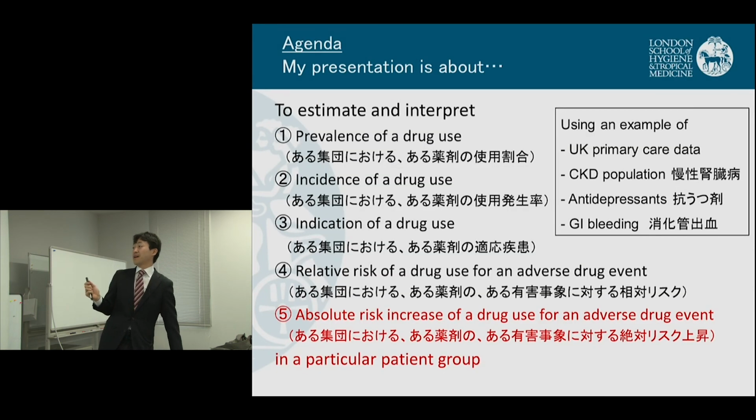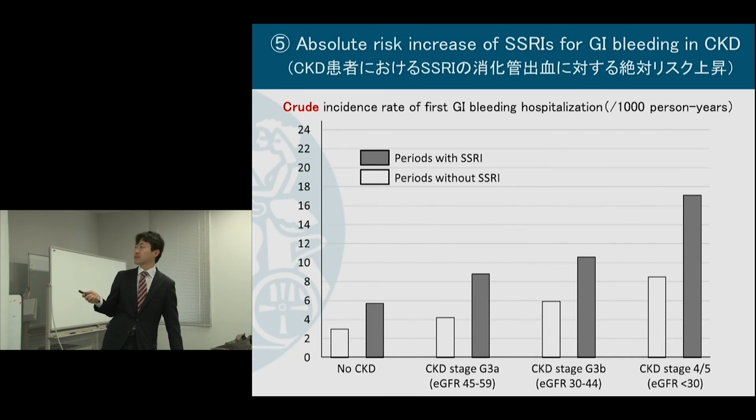Okay, so absolute risk increase of a drug. This was the crude incidence rate of first GI bleeding hospitalization. I illustrated the incidence rate by kidney function and periods with and without SSRI. Obviously you can see periods with SSRI are higher than periods without SSRI, and this is increasing with every kidney function decline.